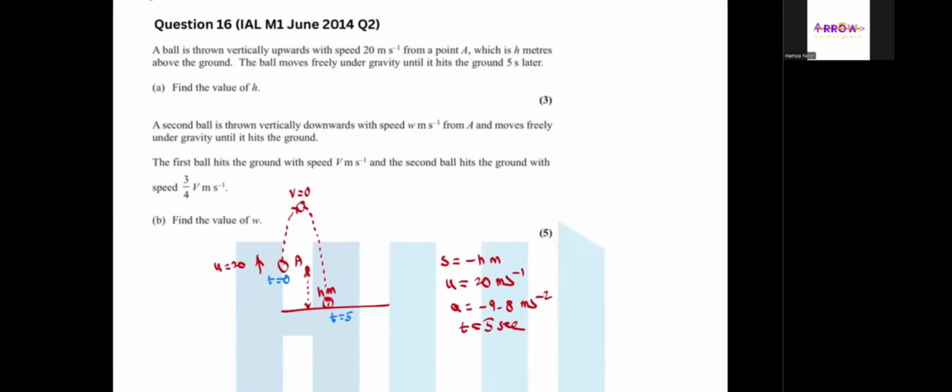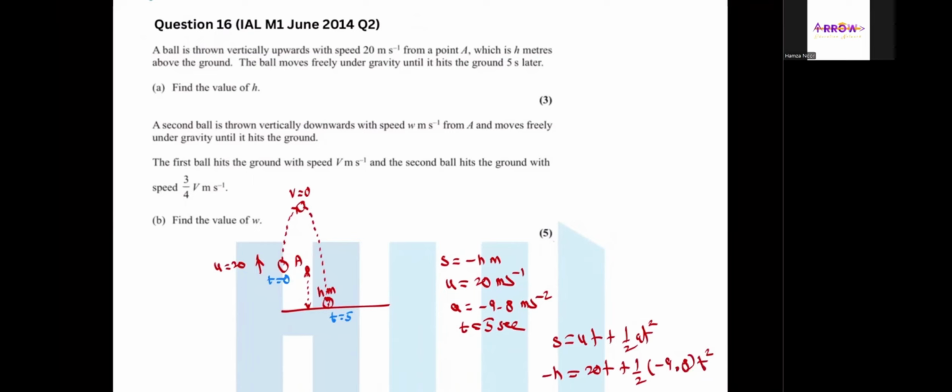Here we can use s equals ut plus half at squared. So we can say that minus h is equal to 20t plus half times minus 9.8 times t squared.